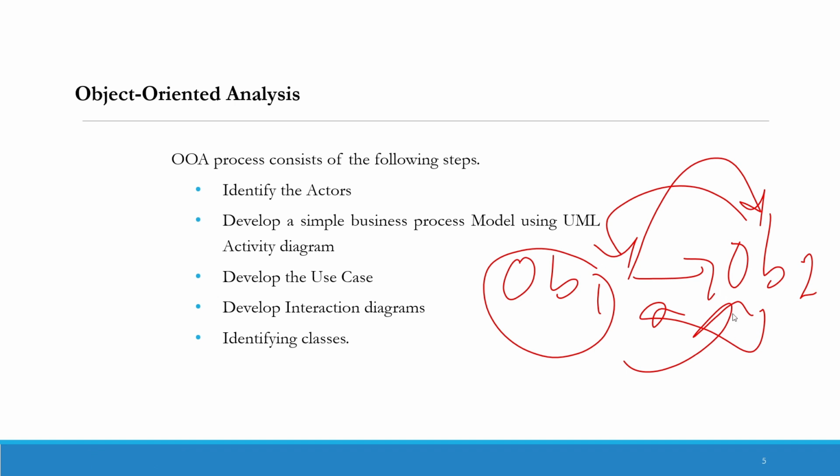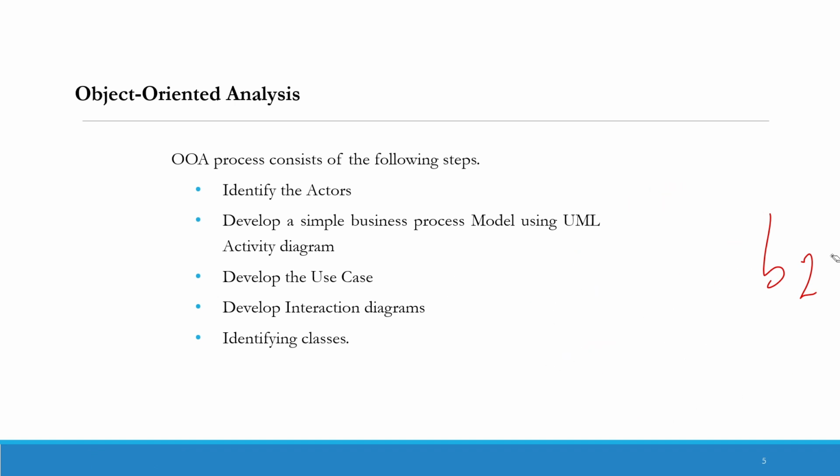Not only designing the interactions, we also identify the classes. As you know, the meaning of the class, what the class is. Here in object orientation, the classes of the system, or the classes of the development system, will be identified from the business domain. So it is better to understand the class from the business domain. Class designing has three stages.